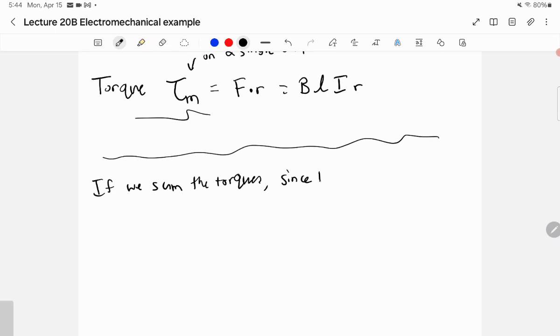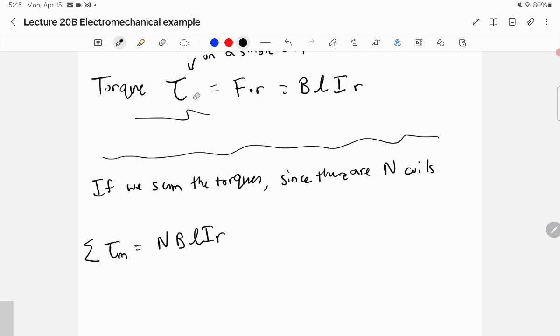since there are n coils, I should call this something else.